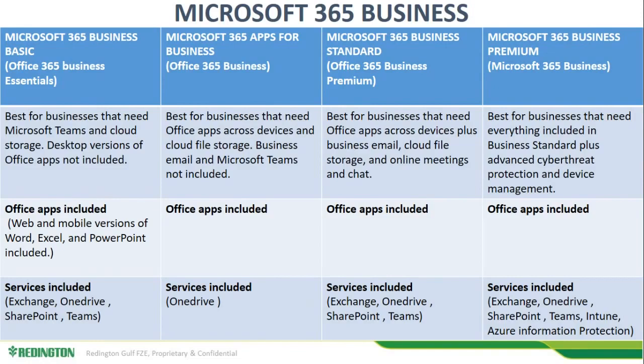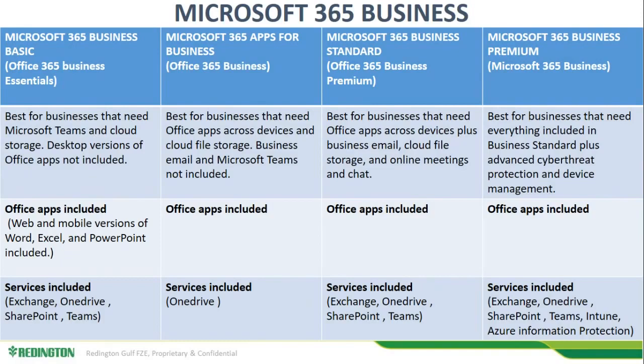And then the last license that we have in this category is M365 Business, which is best for businesses that need everything, including Business Standard plus advanced cyber threat protection and device management. So this one includes all Office applications and services, which includes Exchange, OneDrive, SharePoint, Teams, Intune, and Azure Information Protection.